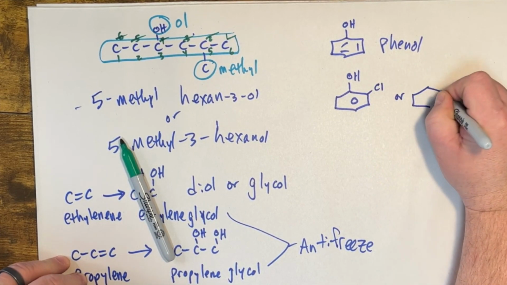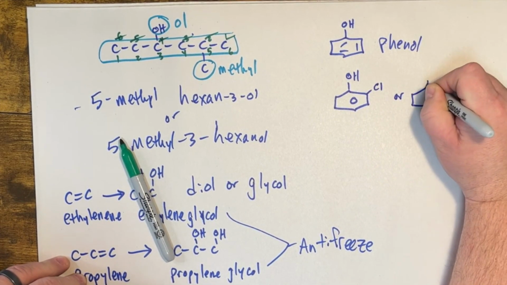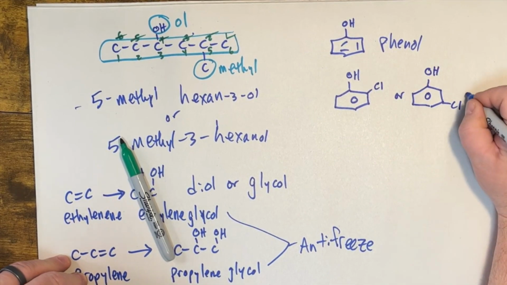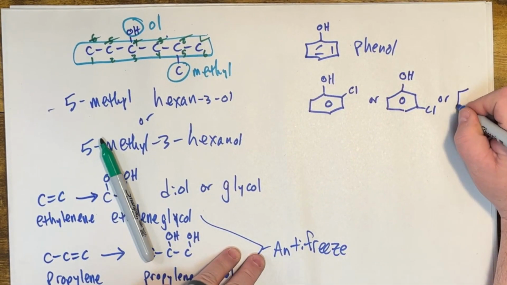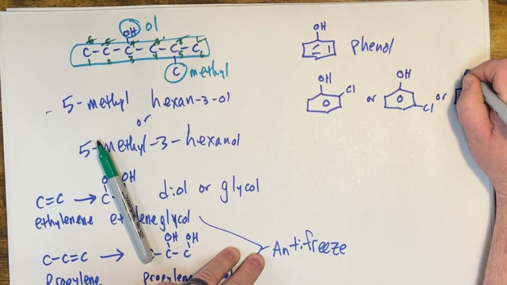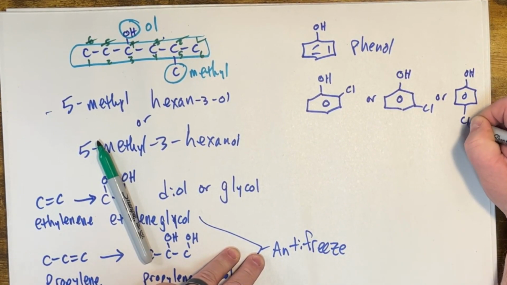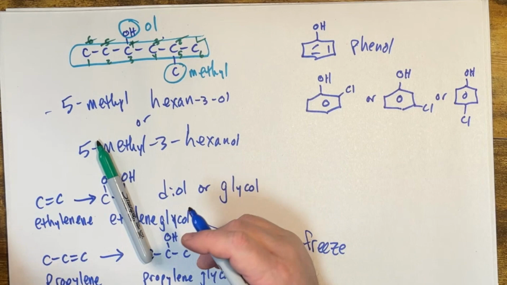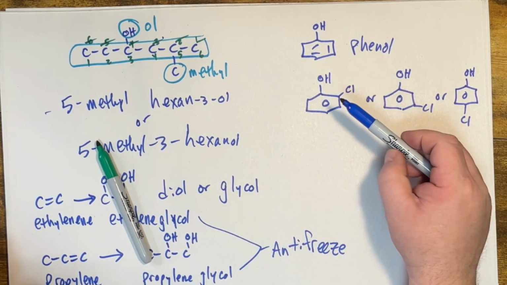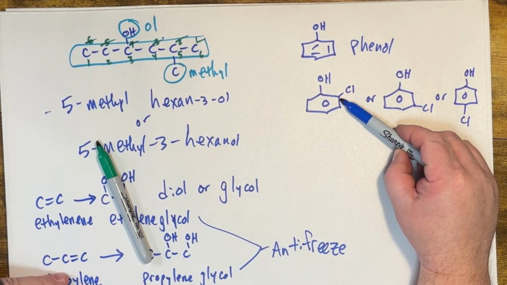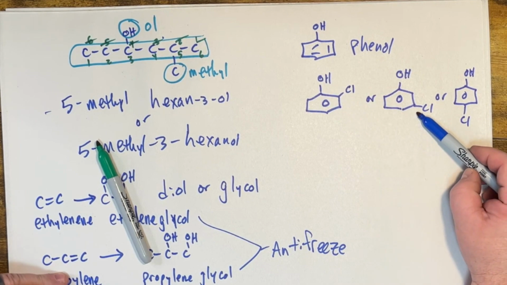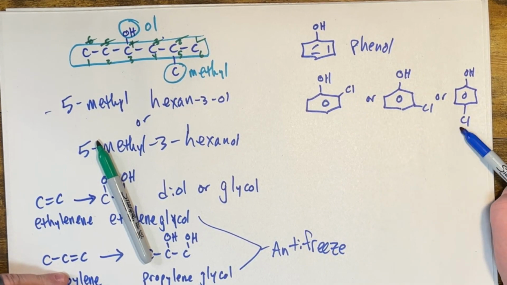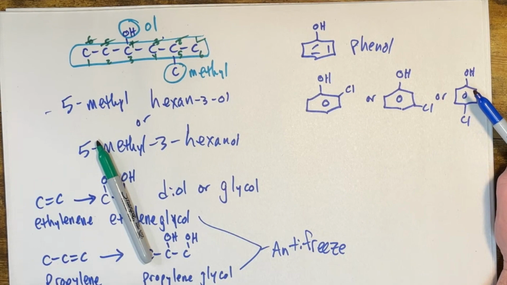Or if I have a group here on a phenol, or I have this one. All 3 of those chlorophenols are different from each other. Maybe somebody would call this one 2-chlorophenol, or 3-chlorophenol, or 4-chlorophenol. That's great. That's what you could name those.